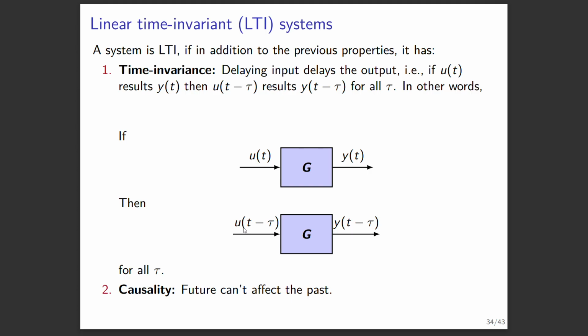If I apply the same input 10 minutes later, with a delay, it's going to produce exactly the same output, delayed. And causality means that the future doesn't affect the past. It's a concept that for physical systems is always satisfied, so I'm not going to talk about it as much, but it's more of a mathematical concept.